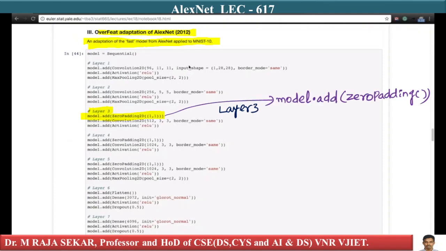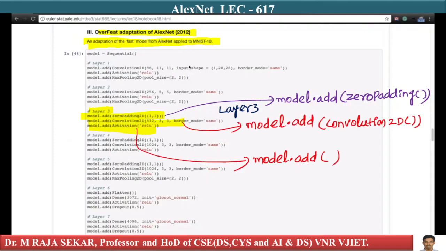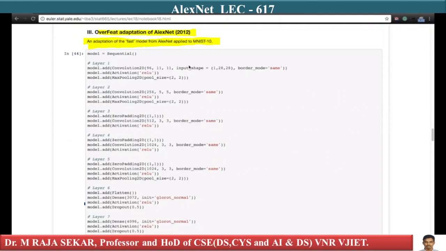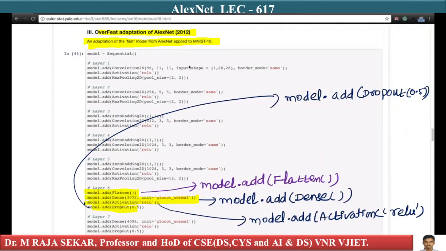In this case you are doing model.add zero padding, model.add convolution, model.add activation ReLU. Then you are doing flatten, dense: model.add flatten, model.add dense, model.add activation, model.add dropouts, isn't it?